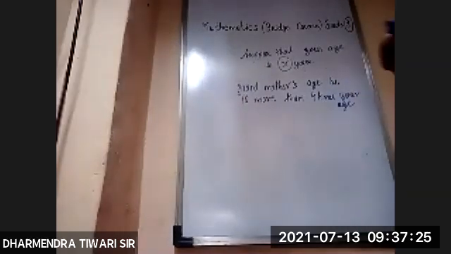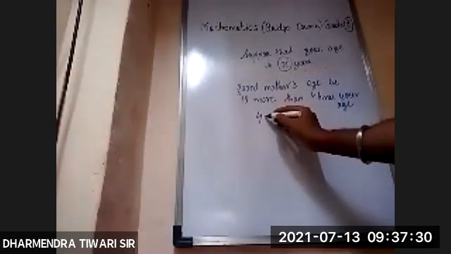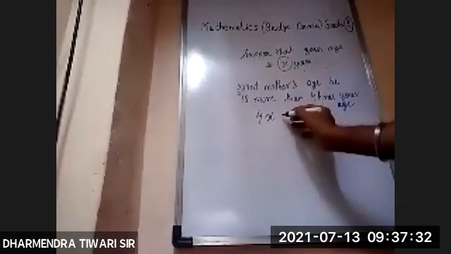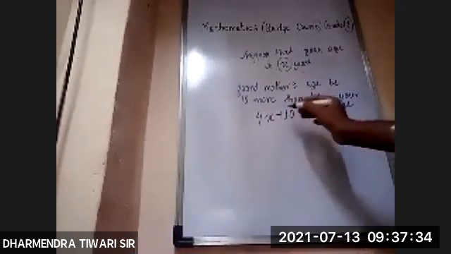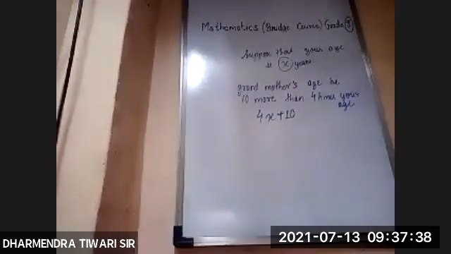Hope you have got the point. You have to multiply 4 to your age plus 10. That is the age of your grandmother.